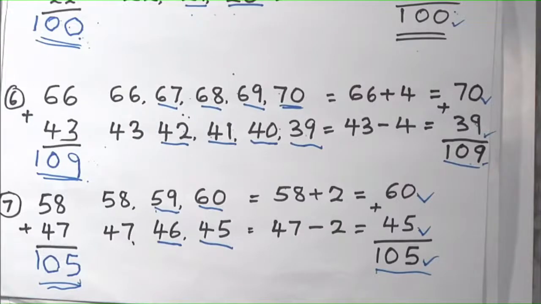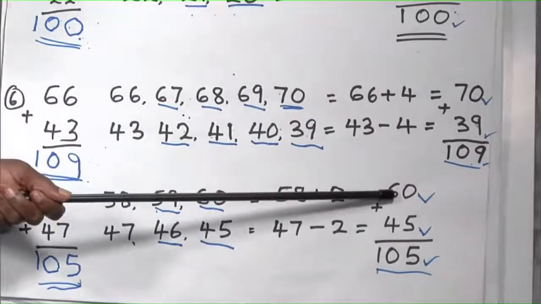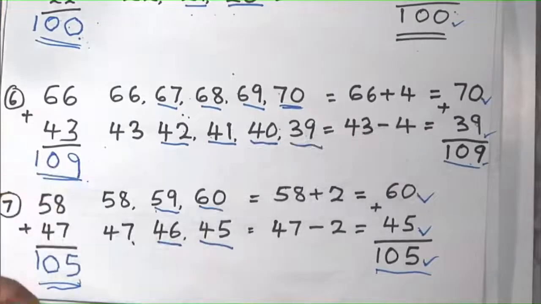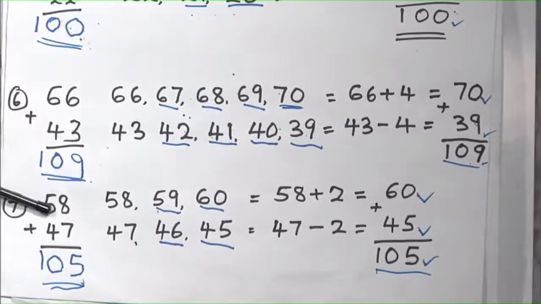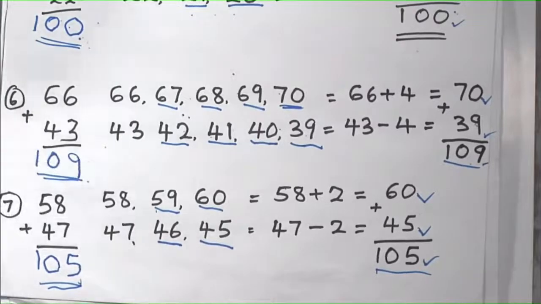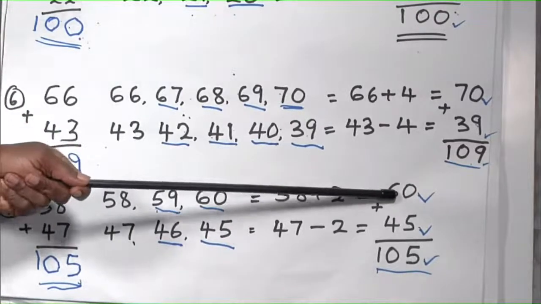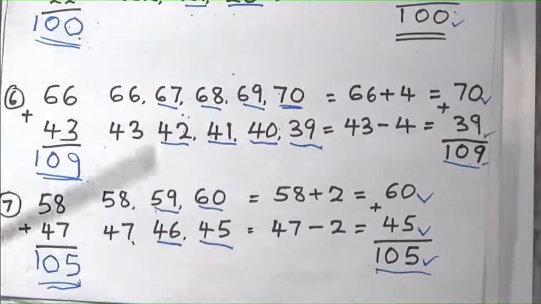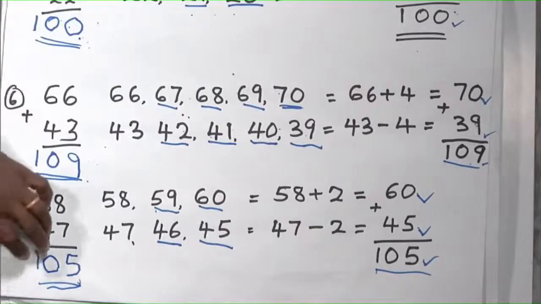Let's come to question 7. 58 plus 47 gives us 105, and 60 plus 45 also gave us 105, which means 58 plus 47 is the same as 60 plus 45, having the answer 105.